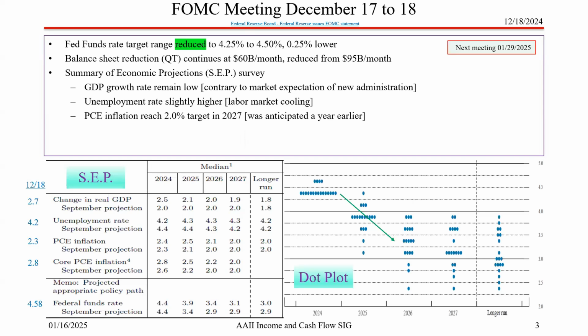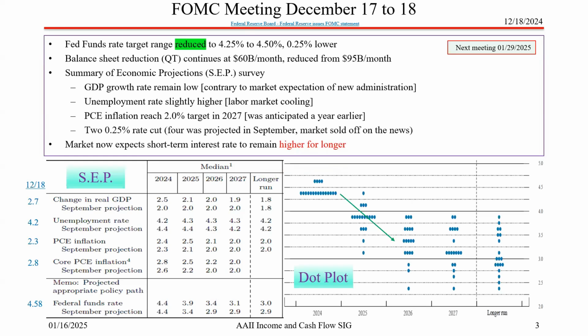The interesting thing is Chairman Powell gave a press conference, and he sort of hinted at a higher-for-longer kind of thing. And so the market has been going down since mid-September, and mid-December, I think we are all painfully aware of that. This just shows what the numbers look like at the time of their meeting and at the end of the year.